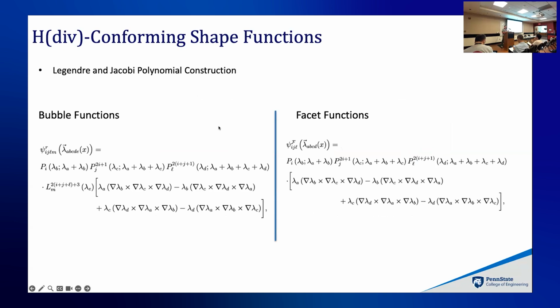On the left, we have our bubble functions, which are associated with interior degrees of freedom on the pentatope. And on the right, we have our tetrahedral facet functions for degrees of freedom on the tetrahedral facets of the 4-simplex. Each set of functions is constructed using Legendre and Jacobi polynomials, so they have a very similar structure that plays into that hierarchical nature.